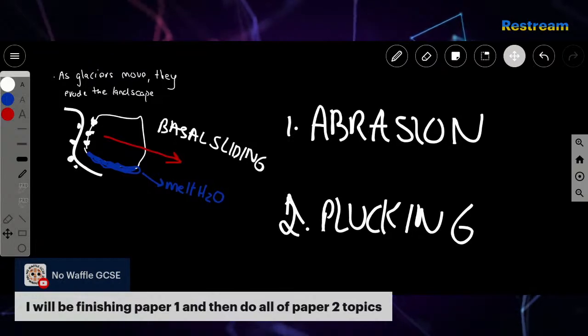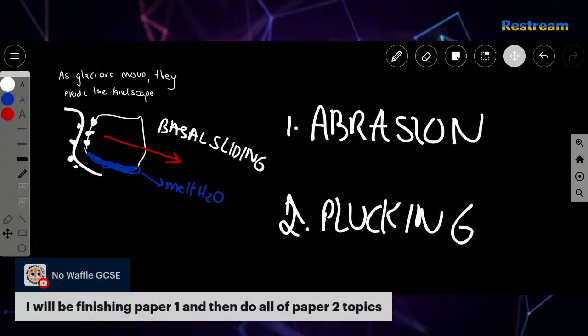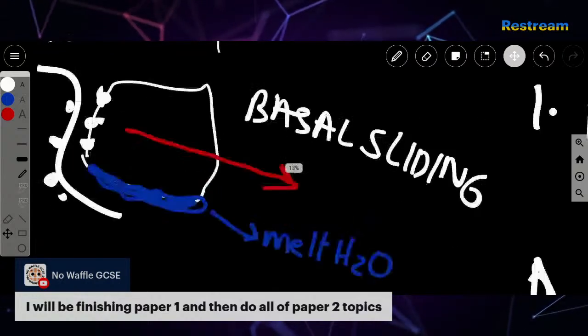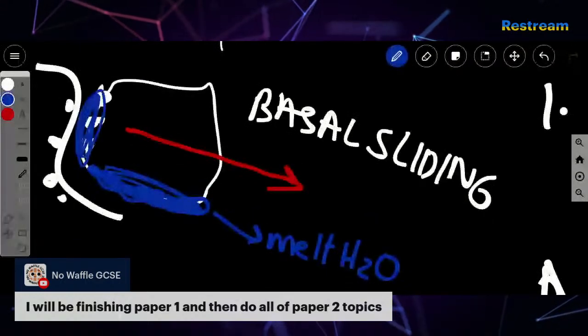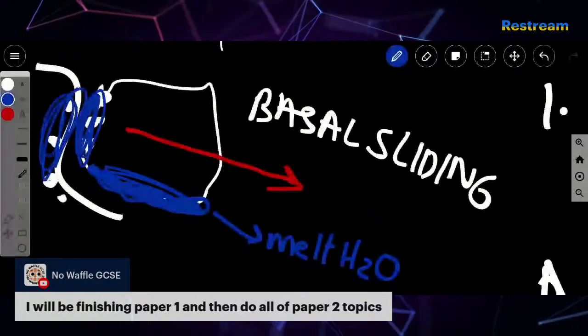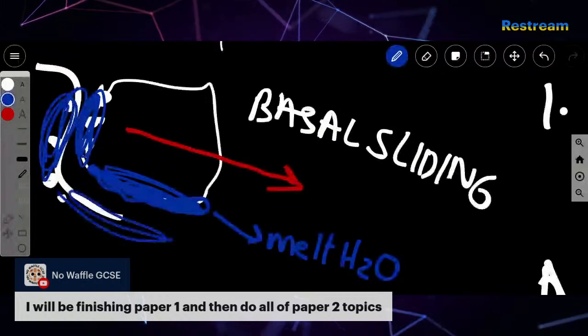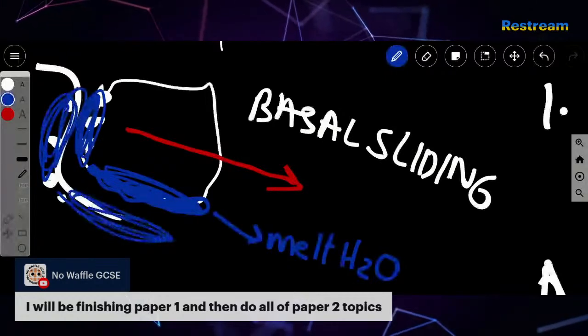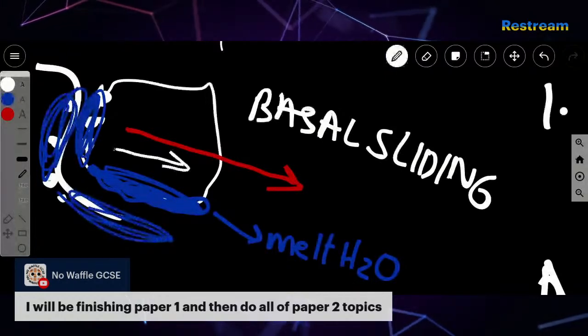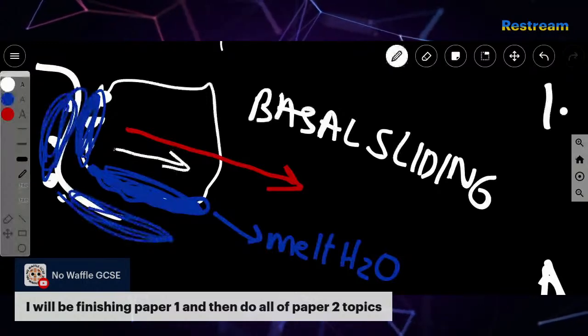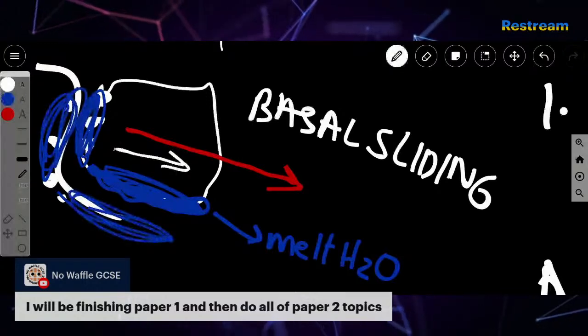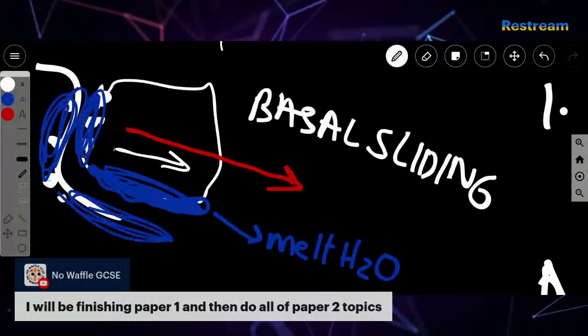You can imagine the meltwater is on the side and attaches itself to the rocks on the cliff face and cliff base, and then as the glacier moves forward, it plucks these rocks from the cliff face. I hope this makes sense.